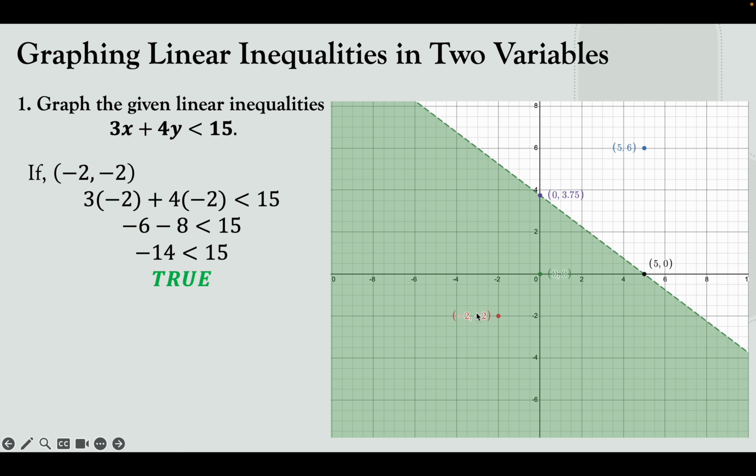So 0, 0 and -2, -2 are true. So we need to shade that region and leave the other side not shaded. Since 5 and 6 were already solved and the result is false, that means that is not a solution for our given linear inequality.